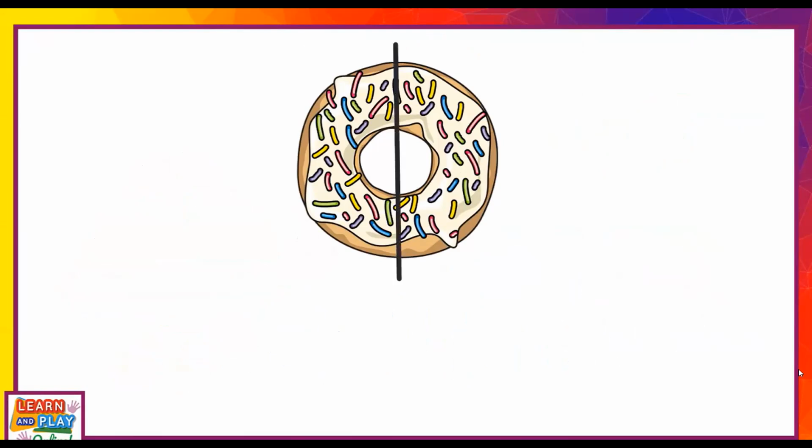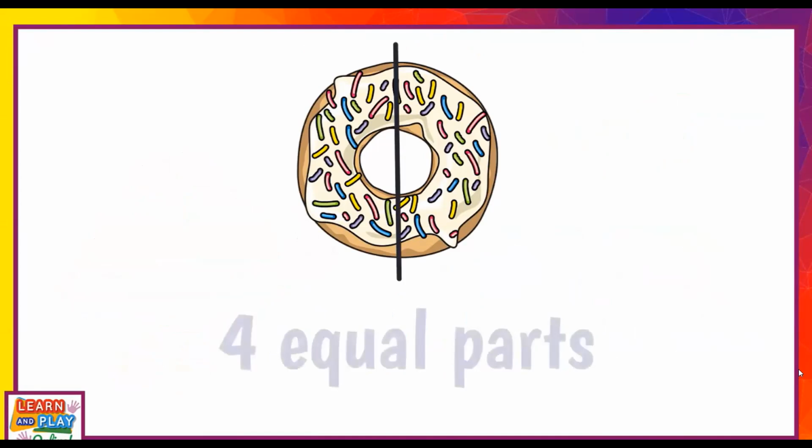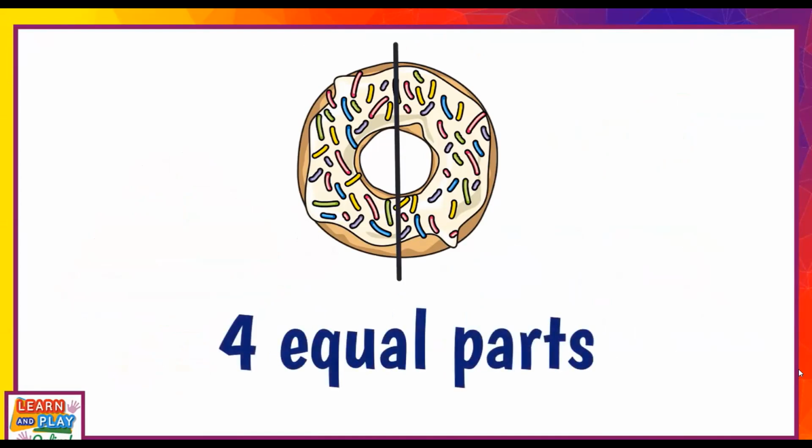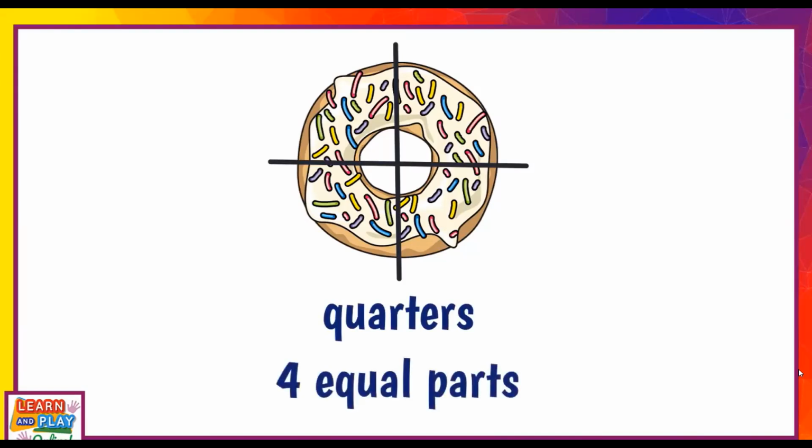First, we'll cut the donut into half. Now we have 2 equal parts. To make quarters, we need 4 equal parts. So let's cut it in half again. The donut has now been cut into quarters because there are 4 equal parts.